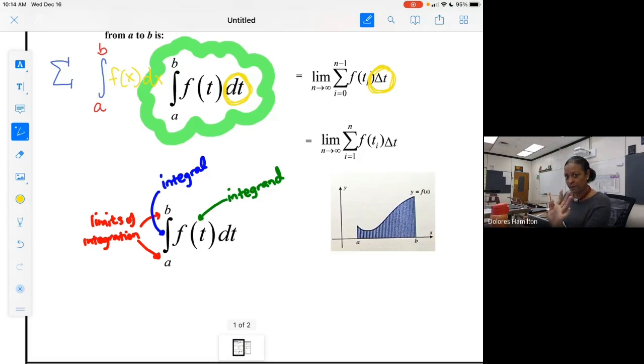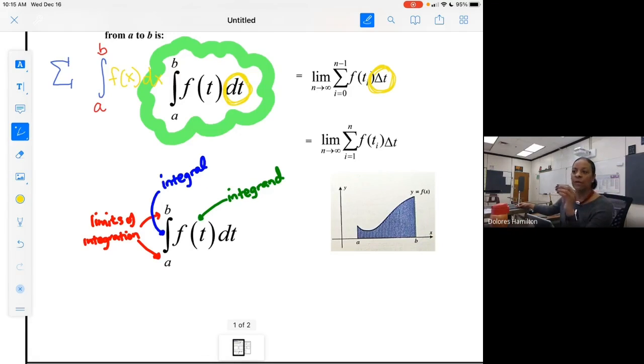So let's break this down so we're clear vocabulary-wise what these things are. I have them already defined. The actual symbol, that elongated s, is our integral. a and b are the limits of integration. a is our lower limit and b is our upper limit.